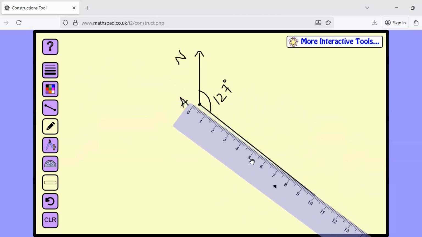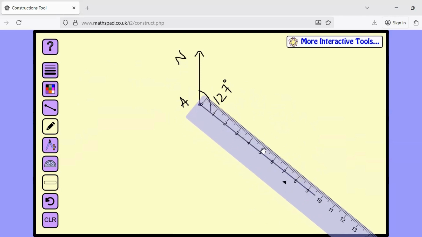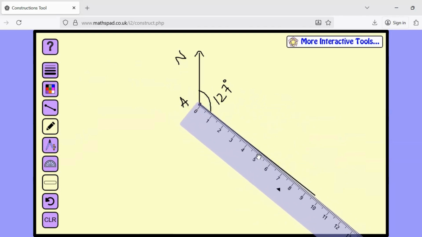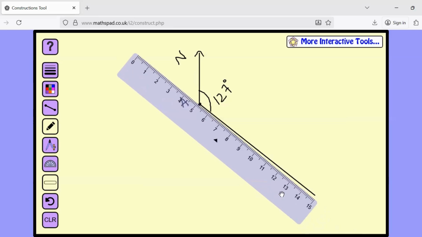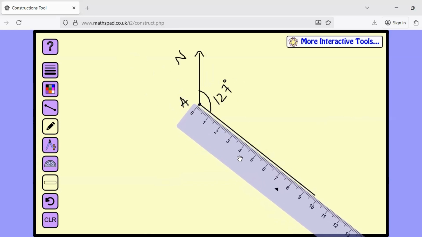You can use a scale to measure this 9 centimeter. And wherever you get the length as 9 centimeters, just mark the point over there. So the length has to be 9 centimeters.